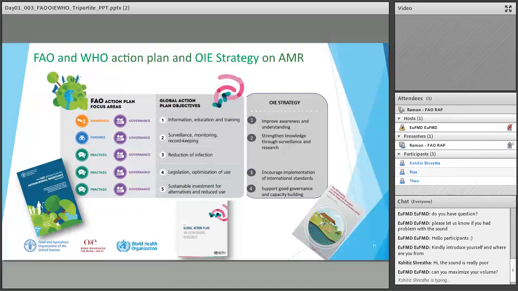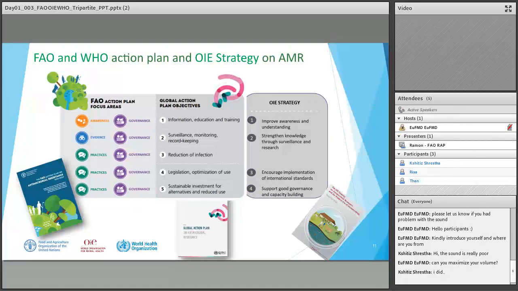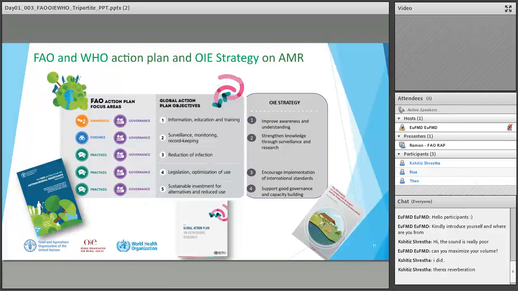And the second one is strengthening knowledge through surveillance and research, also linked with objective number 2. And the third one is encouraging implementation of international standards, which is covering objectives number 3 and 4 both. Then the fourth one is supporting good governance and capacity building, which also correlates with objective number 5.